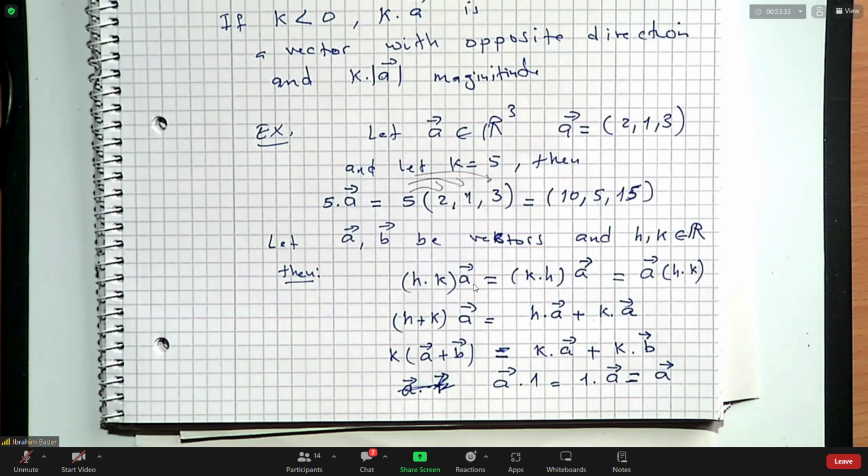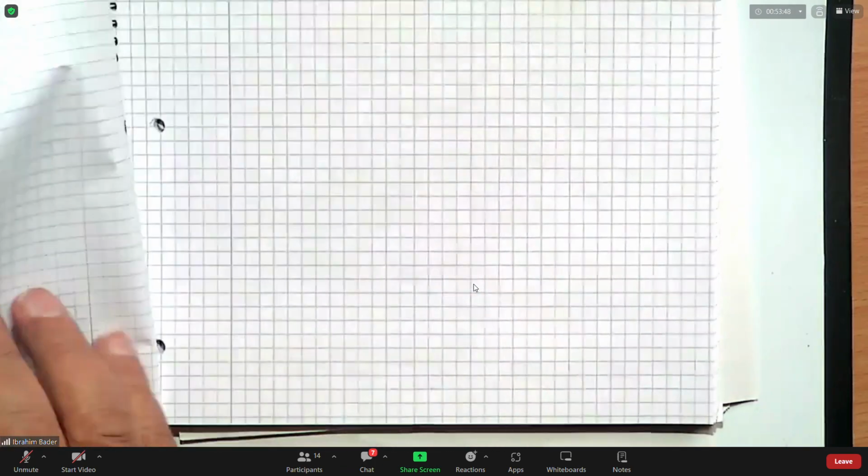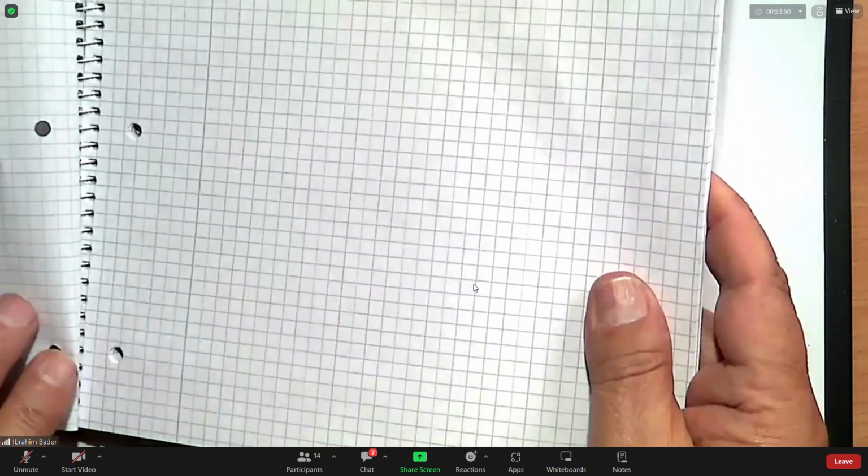Okay, no questions. So let's move to the next topic, which is the so-called unit vector of a given vector. Now before that, I will just remind you about how to evaluate the magnitude of a vector.